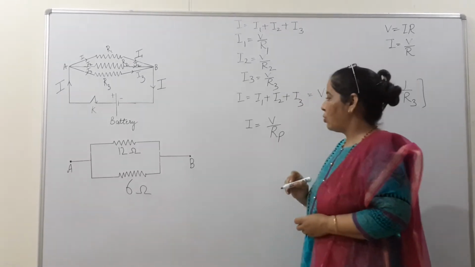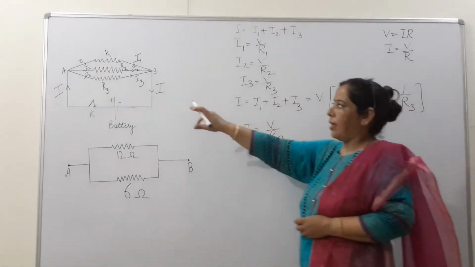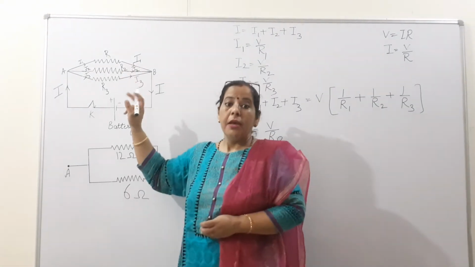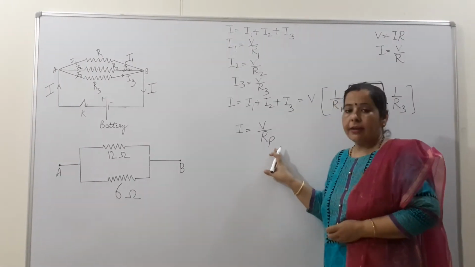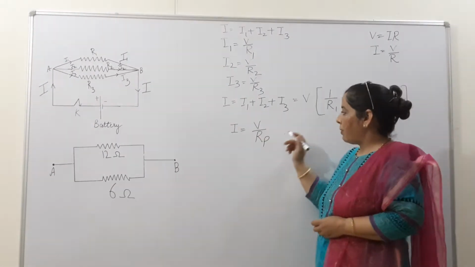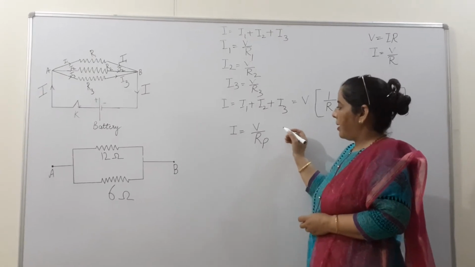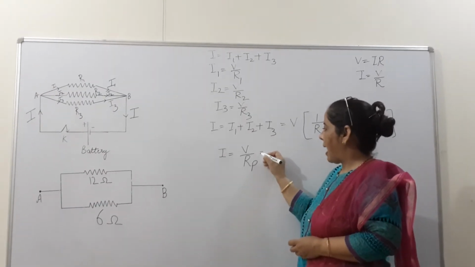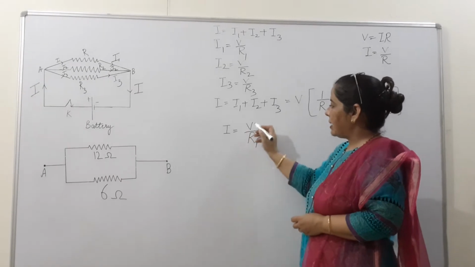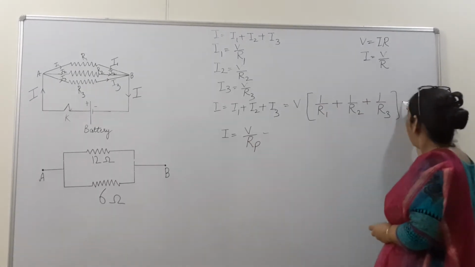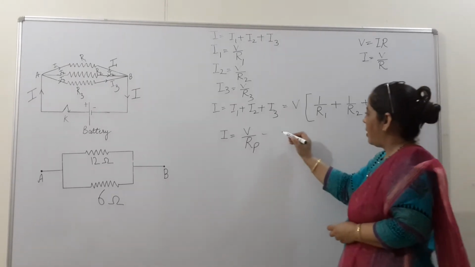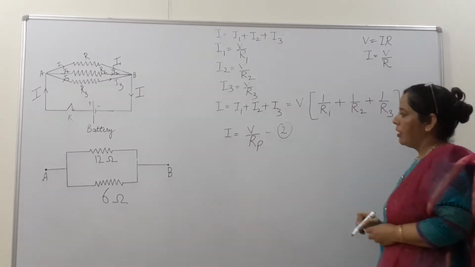Here we have shown 3 resistors, maybe there are 2, maybe there are 4, all arranged in parallel. So what will be the effective resistance across the parallel combination? Then I is equal to V by Rp. Name the first one as equation number 1 and this one as equation number 2.